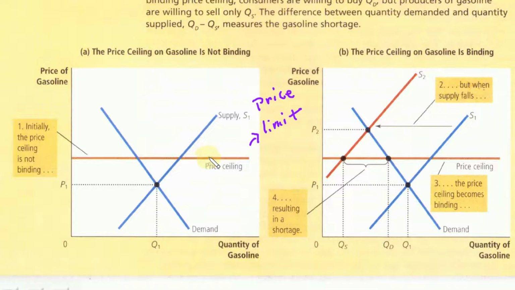But this price limit line is meaningless, because the equilibrium market price was established below this price ceiling. So this price ceiling does not bind the equilibrium, because the market price is below the price ceiling. No problem.